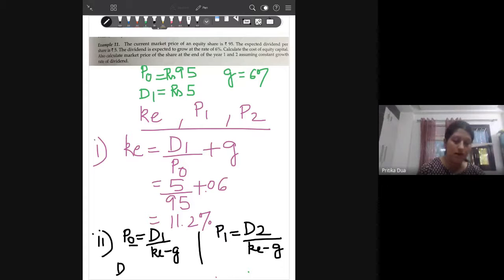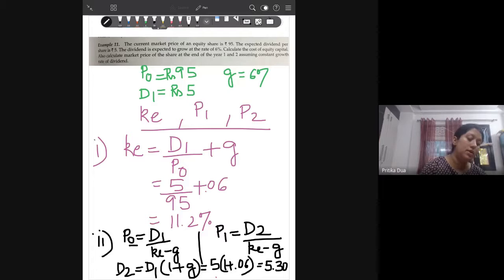D2 will be D1 (1 plus G). So the dividend is increasing by 6% every year. So that comes to rupees 5.30.